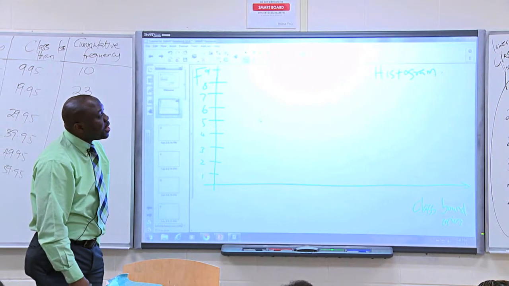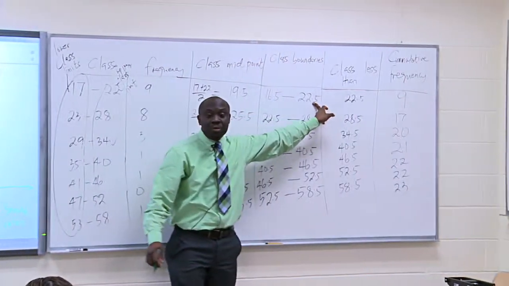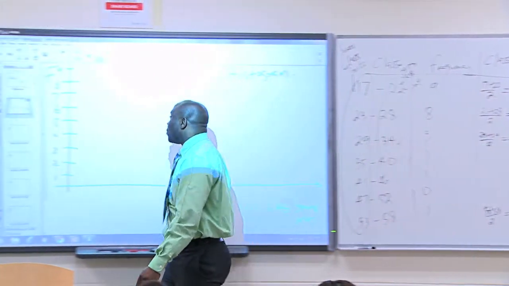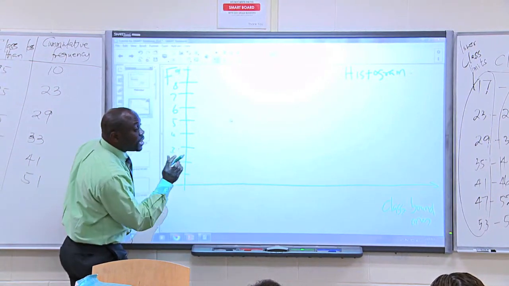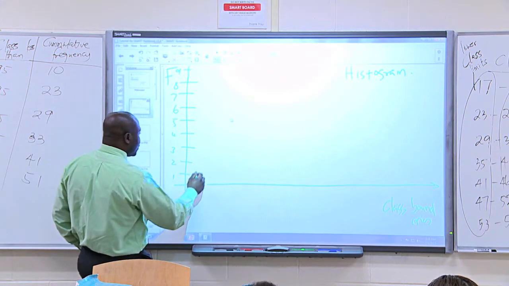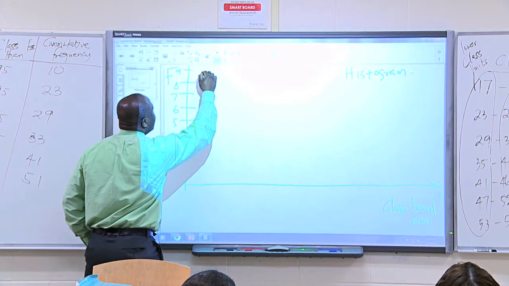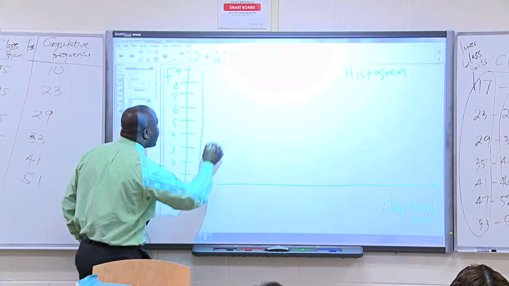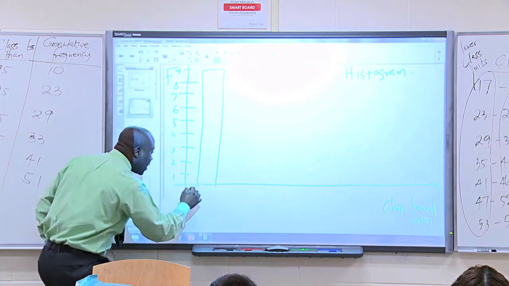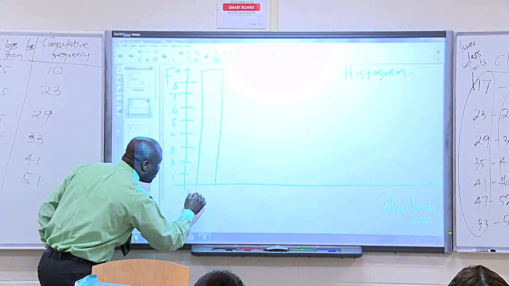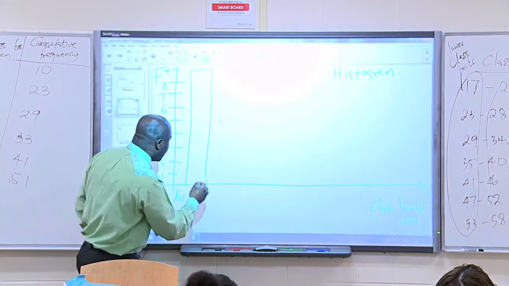We have 17. Now, class boundary is 16.5 to 22.5. So we are going to illustrate that on this curve using a rectangular box. So what is the height? 9. So I will start from there. My graph is going to be a little bit crooked because I'm drawing with free hands. So it starts from 16.5 to 22.5.